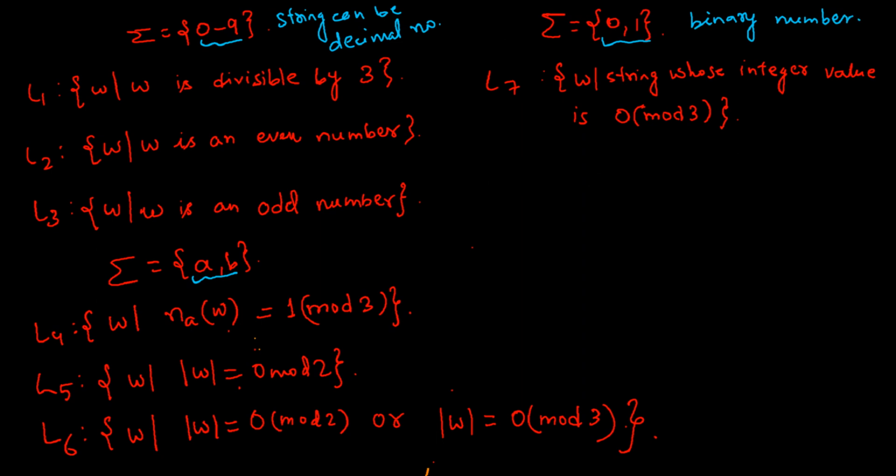Now when it's a decimal number, we have to look at whether the decimal number is divisible by 3, whether it is even, or whether it is odd. So let's construct the DFAs for these 3 languages first.